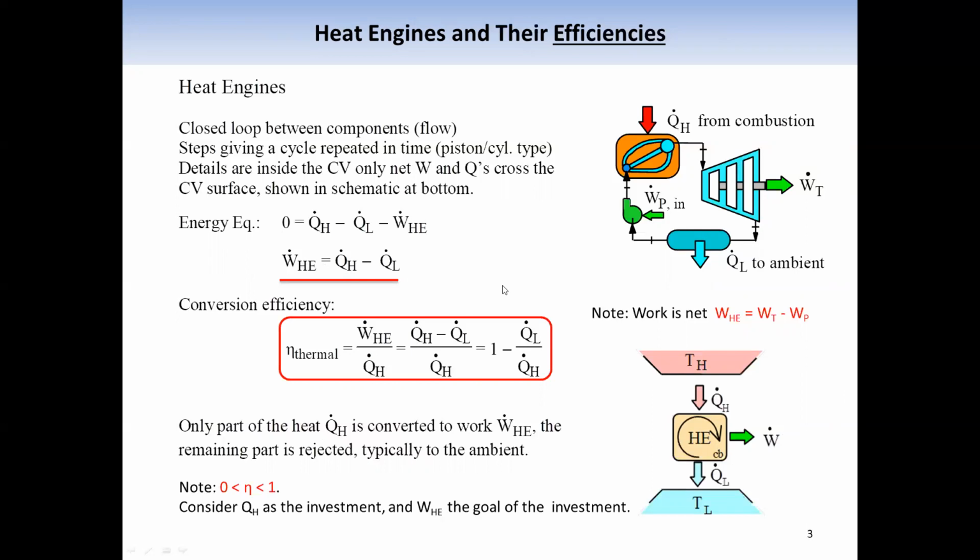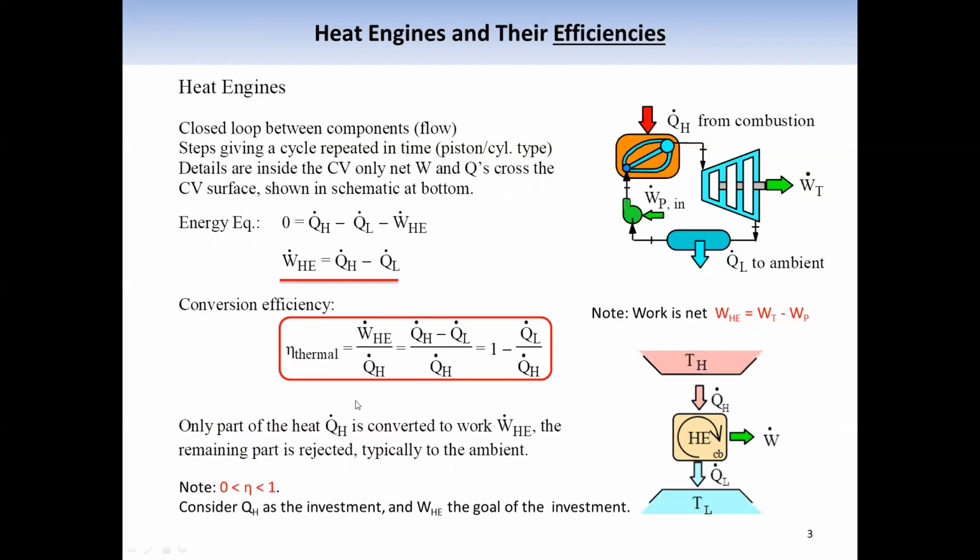Then we can define a very important term which will be used many times in subsequent discussion. That is thermal efficiency. Thermal efficiency is designated by eta, and it comes from this definition.